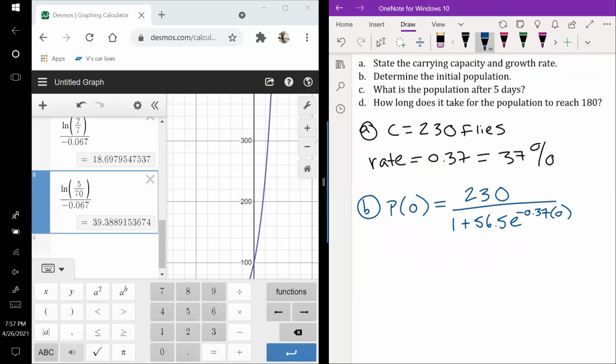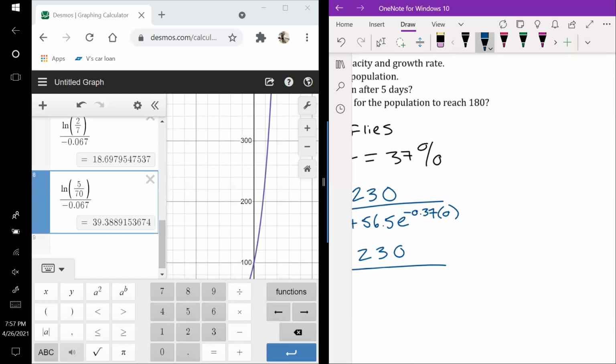All right, let's clean this up a bit. You'll get 230 over, and this is going to become E to the 0th, where anything to the 0th is 1.